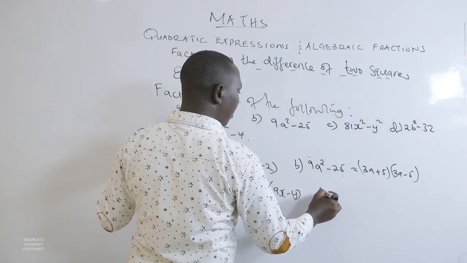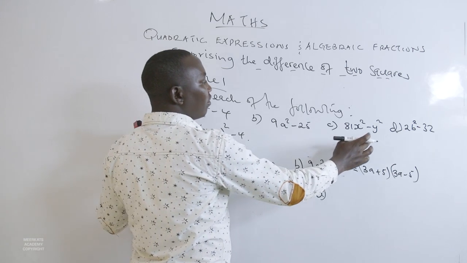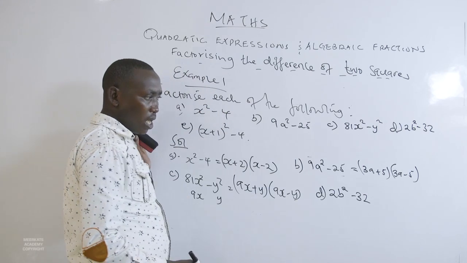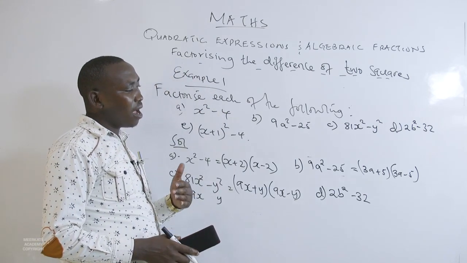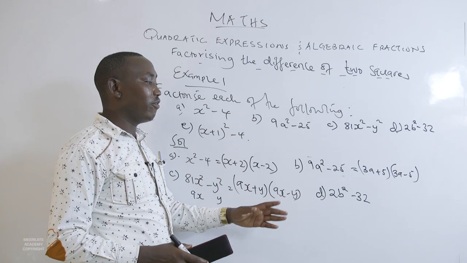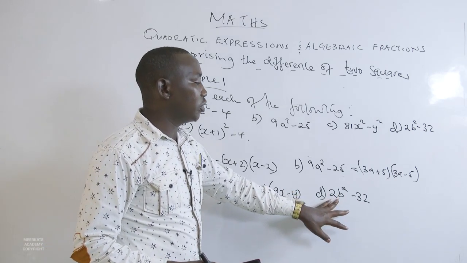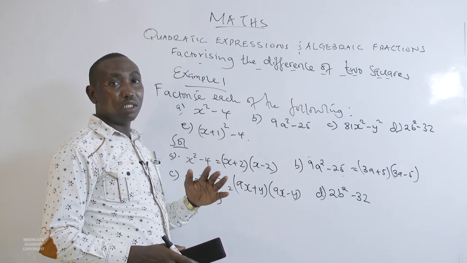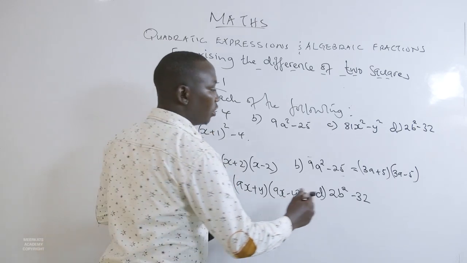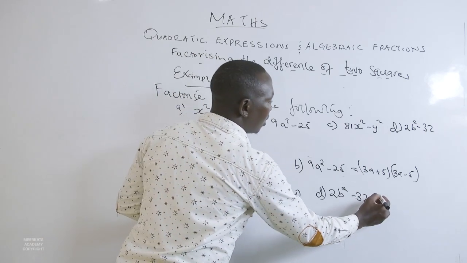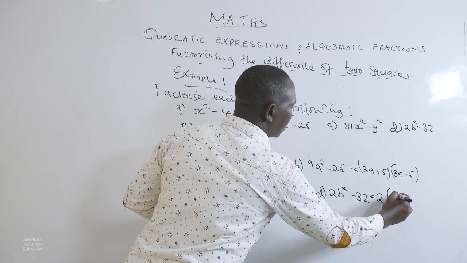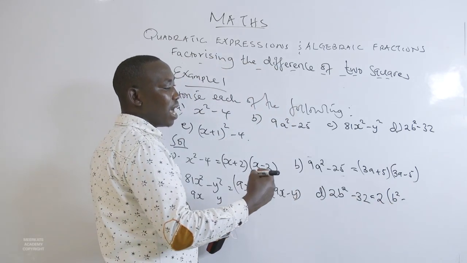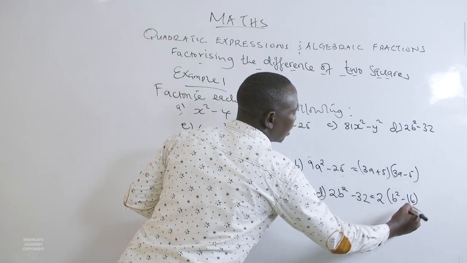Number D, we have 2b squared minus 32. You can scratch your head and scratch it and scratch it, and you'll never get the factors. So you can see that there's 2b, there's 32. That tells you that there's a common factor that must be singled out. So when we single that 2 out, it's going to leave us with 2 into b squared subtract 32 divided by 2, which is 16.